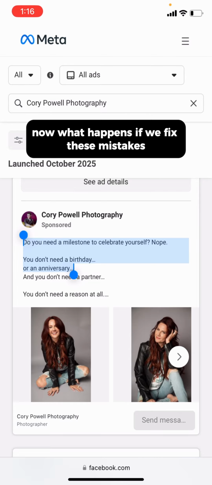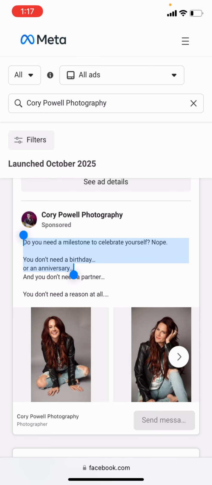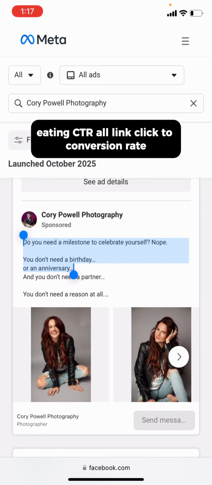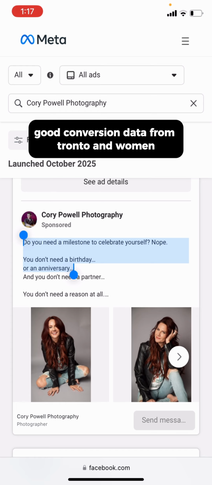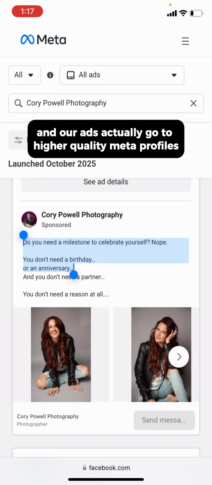Now, what happens if we fix these mistakes that we're going to talk about today? Here's what happens. Our ad goes out to tranche 1 women. We get good initial metrics: unique CTR all, link click to conversion rate, good conversion data from tranche 1 women. That data feeds back into the Meta ad algorithm, and our ads go to higher quality Meta profiles.